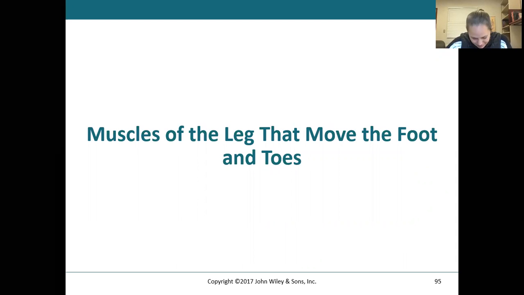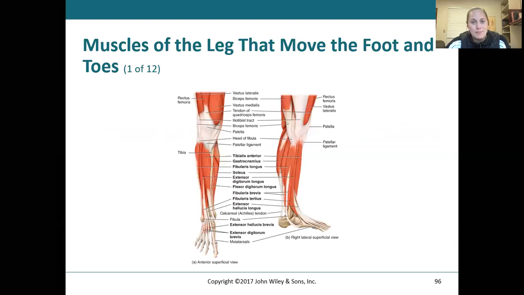So I imagine we're going to go down another wormhole of many very small muscles, not as many as the hand, but a lot of small muscles nonetheless. Okay, so here we can see how they are oriented relative to the tibia and fibula.